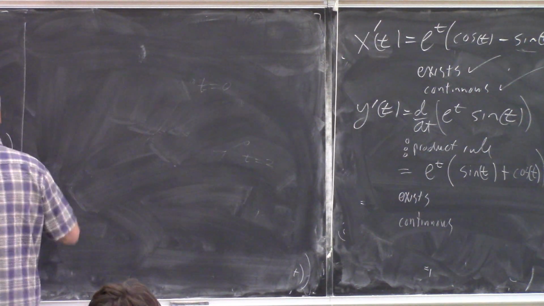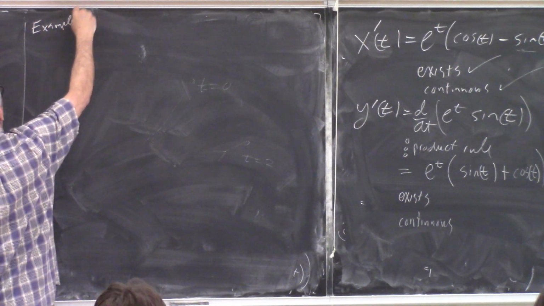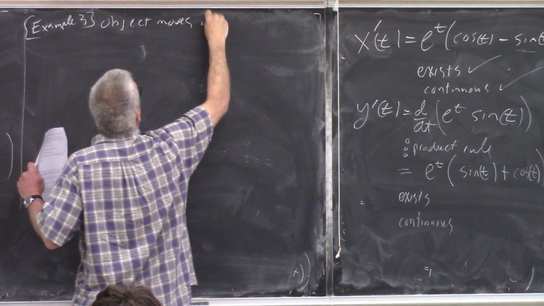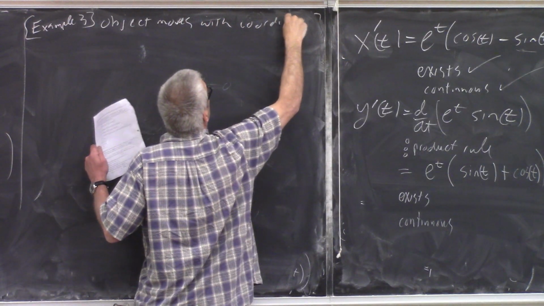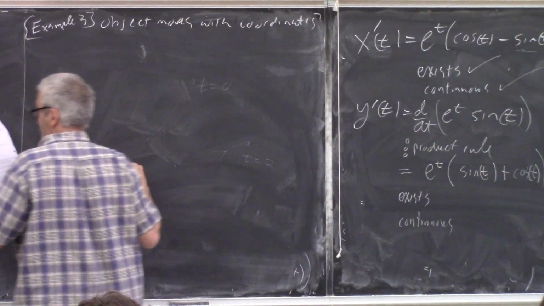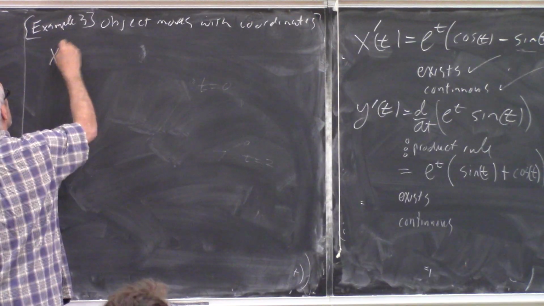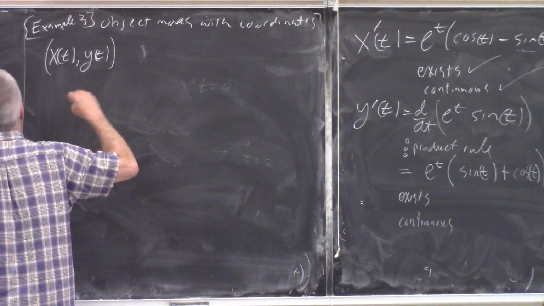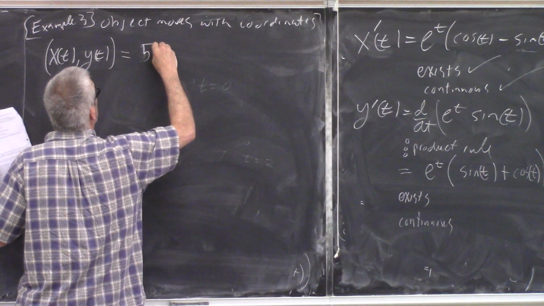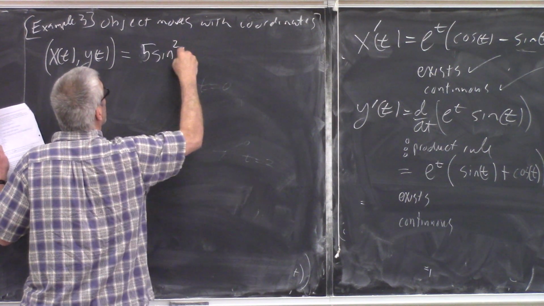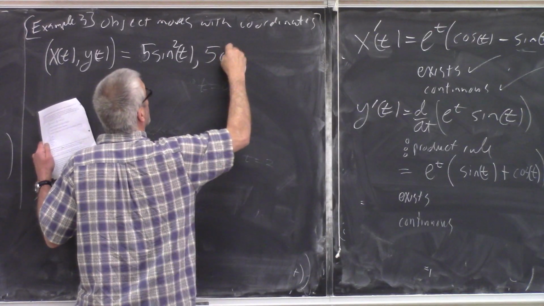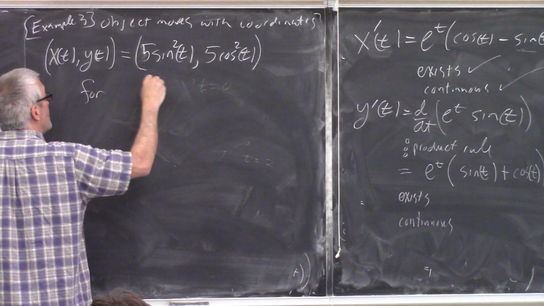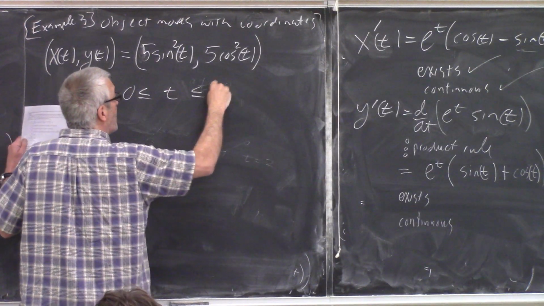Okay, example 3. An object moves with coordinates x of t, y of t equaling 5 sine squared t, comma, 5 cos squared t, for t going from 0 to 7 pi over 2.